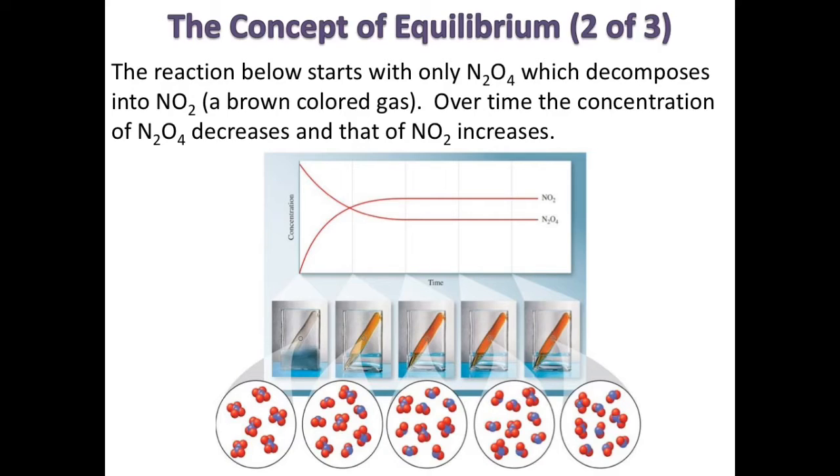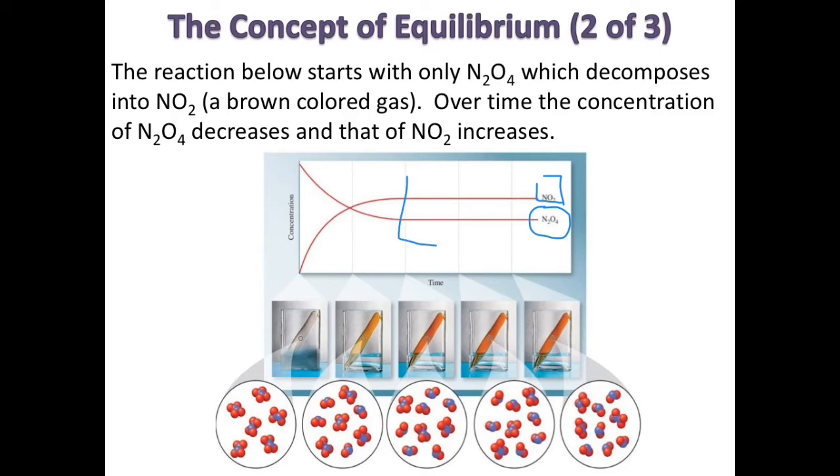So we're going to look at a reaction below. We start with only N2O4, which is a colorless gas, and it breaks down into NO2, which is a brown colored gas. And over time, the concentration of N2O4 decreases, which we can see right here in this line, and the concentration of NO2 increases, which is the upper graph.